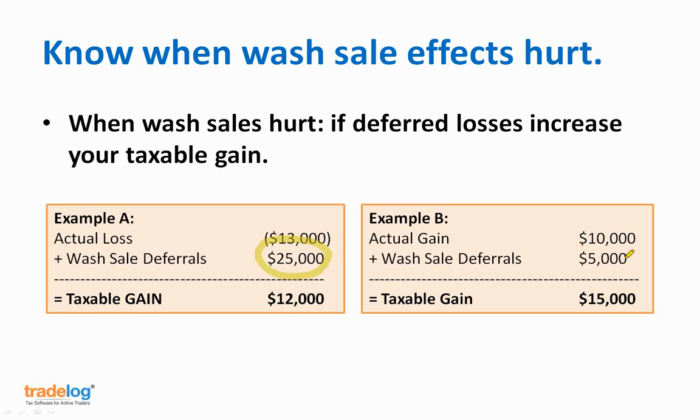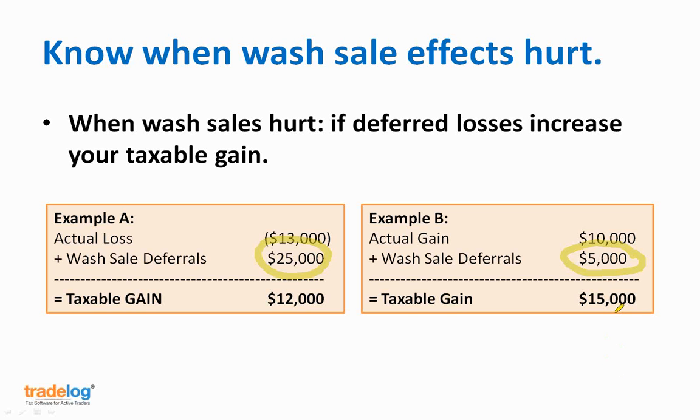You had a lot of losses in that particular stock, and you ended up having $5,000 in deferrals because you still have shares open. What's going to happen when it comes to your tax reporting is you're going to have a taxable gain of $15,000, because $5,000 of your losses you couldn't claim in this tax year because those positions are still open.